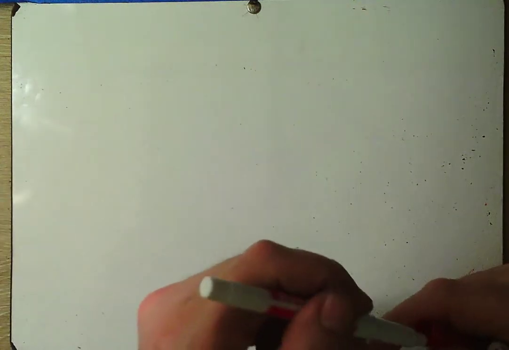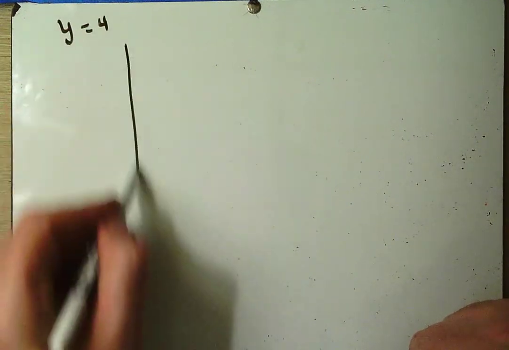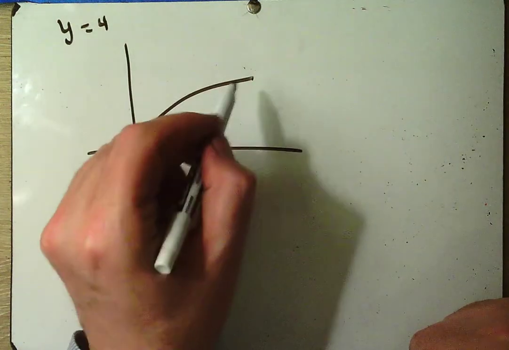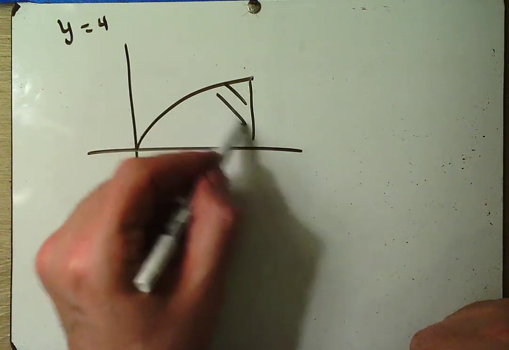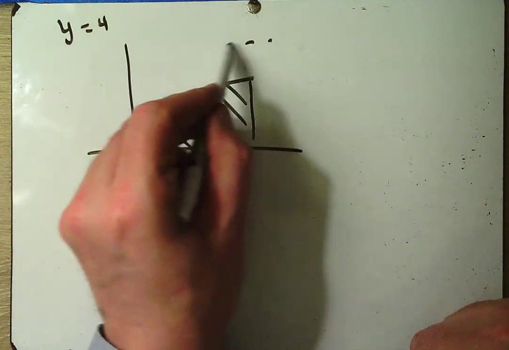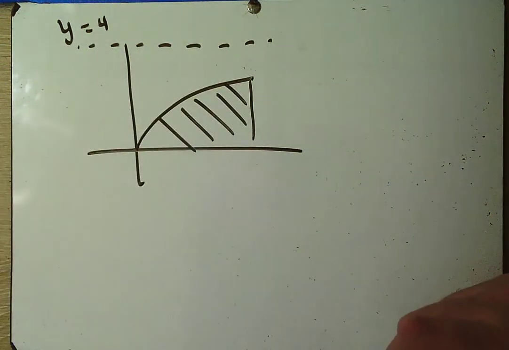What if we rotate about y equals 4? How does that change things? Yeah, I think I want to redraw this a little lower.